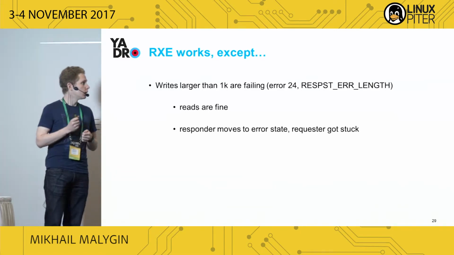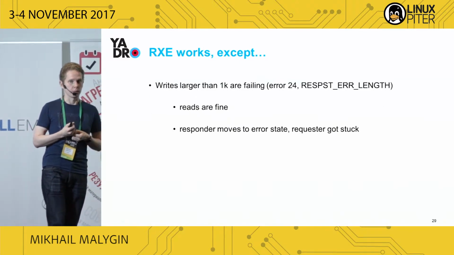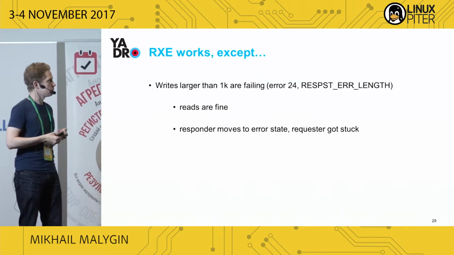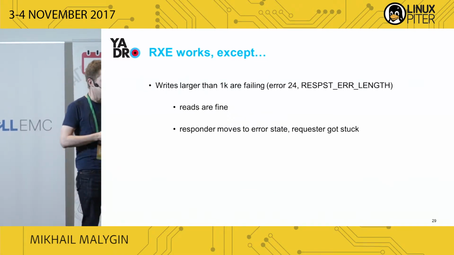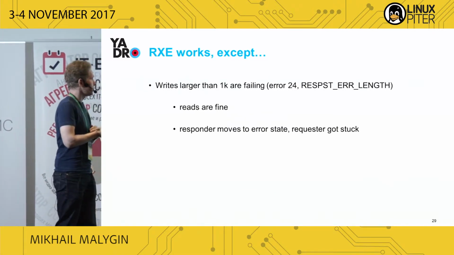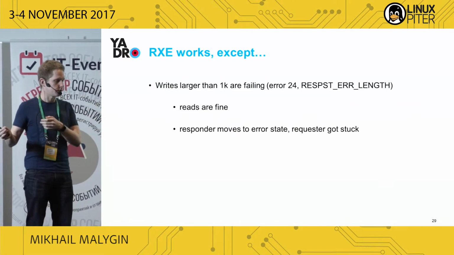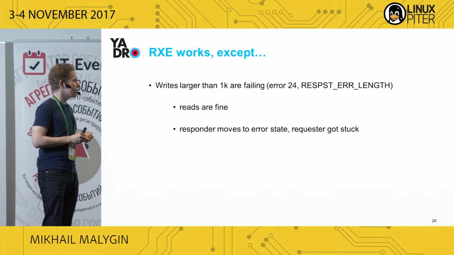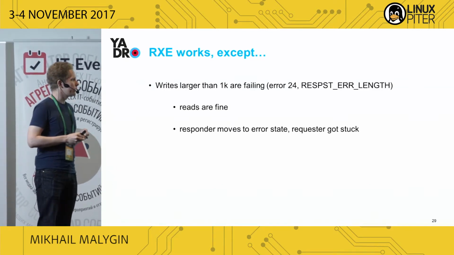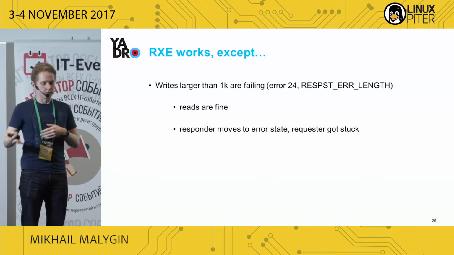It started to work, so everything was fine until we realized that we could not write more than 1 kilobyte of data. However, we could read, we could map a big page, and we could write it 1 kilobyte after the other.